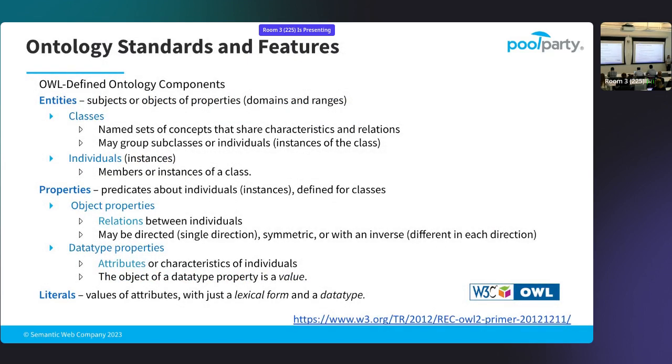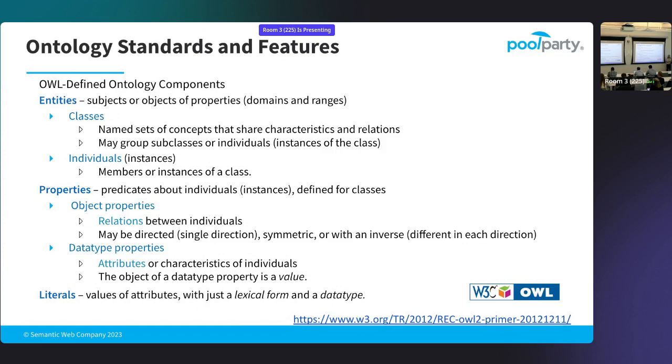Looking a little bit more into how OWL defines the components of ontologies. I've been talking about three things: classes, relations, and attributes. But OWL explains it in a slightly different way. They're entities, and more fundamentally, entities include classes and individuals. And individuals and instances, I think, are the same thing. Does anybody have a reason to say they're different? All right. The individuals are members or instances of a class or a subclass. And the classes are groups, and they contain individuals or subclasses.